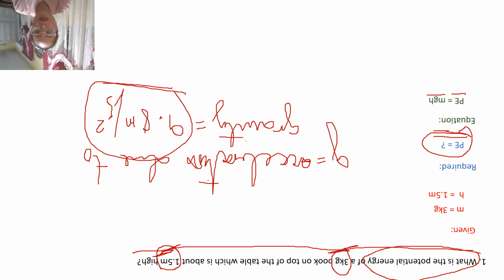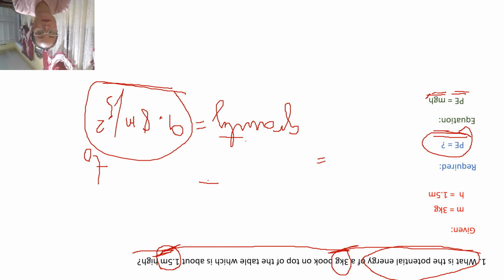So the formula of our potential energy is PE is equal to the mass of an object times the acceleration due to gravity times the height of the object. The next is, itanggalin muna natin ito lahat.